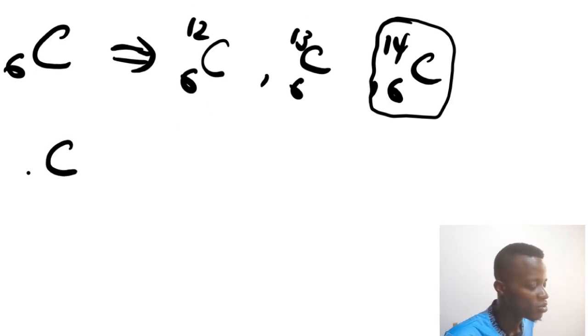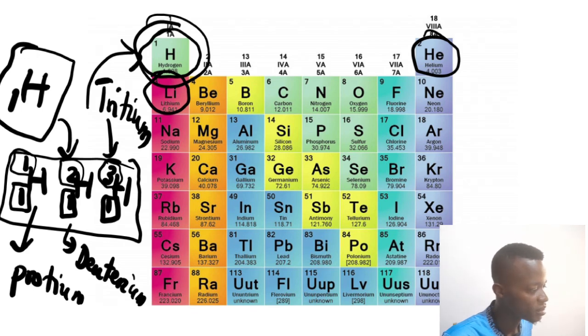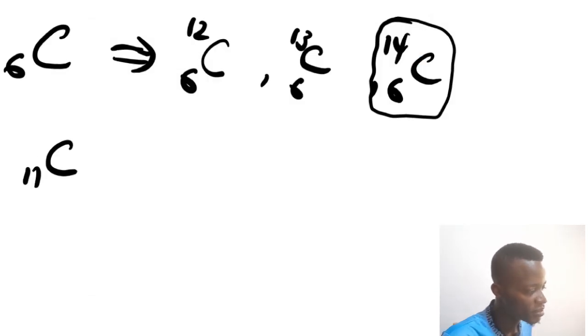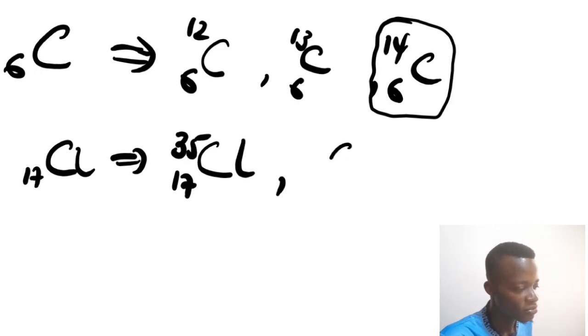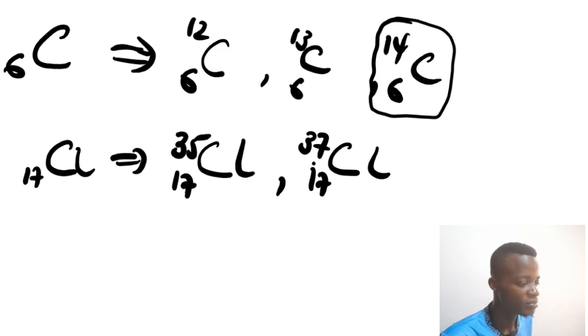We have chlorine. Chlorine, I think, atomic number was 17, right? Yeah, it's 17. So chlorine 17 Cl. We have chlorine 35, right? And chlorine 37. The common ones, the most stable ones. Common chlorine 35, and then chlorine 37. Right? The same thing applies to oxygen.